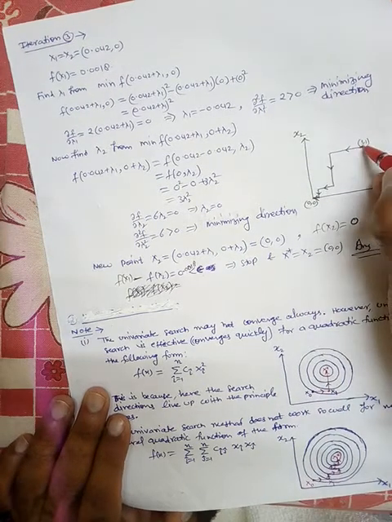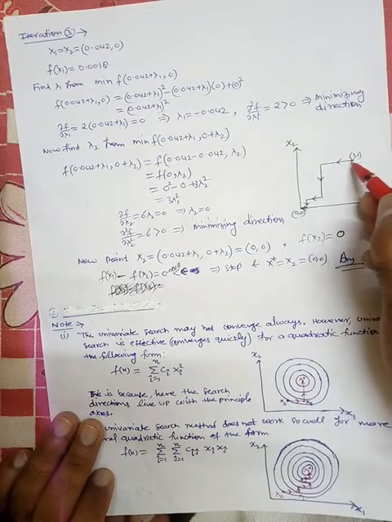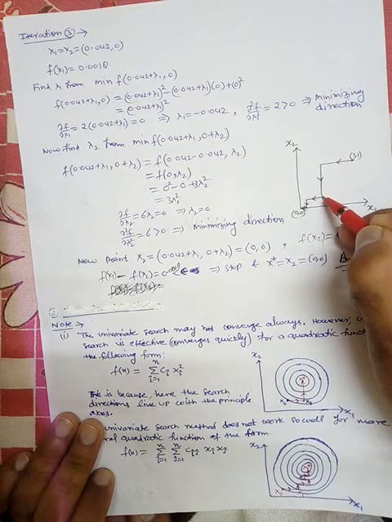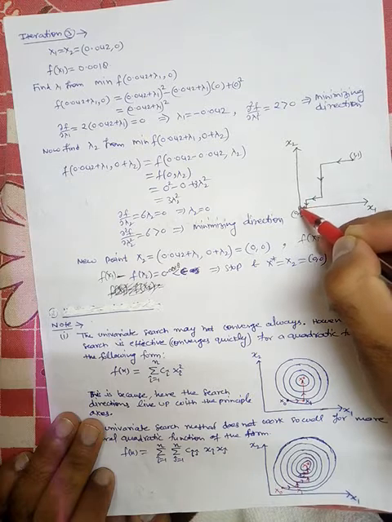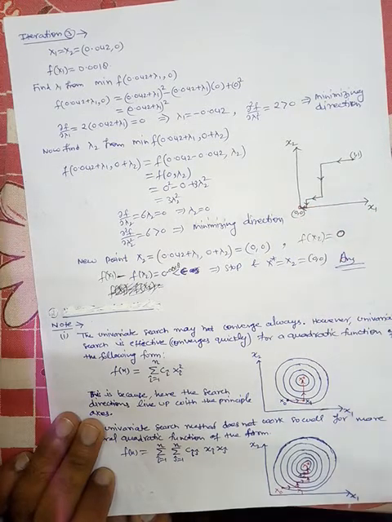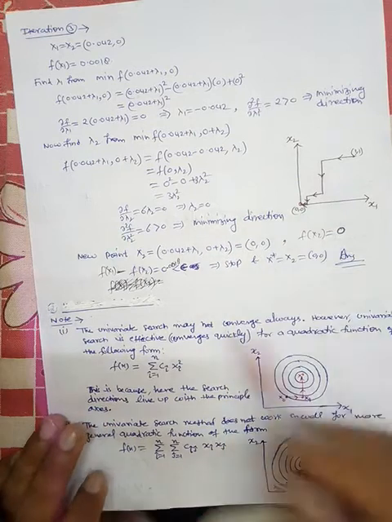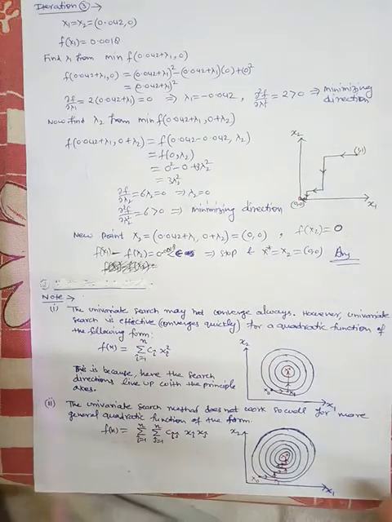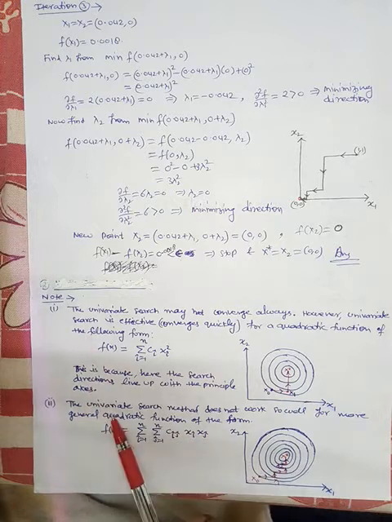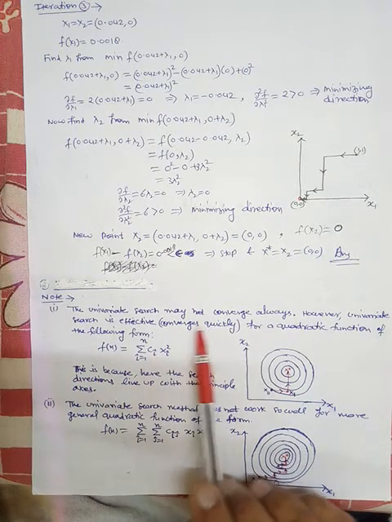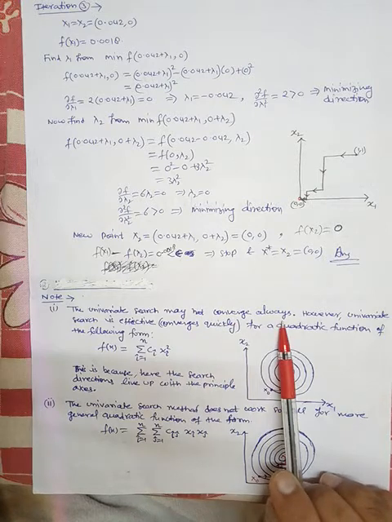So basically we started here, then we are moving in this direction, then this direction, then this direction, and finally we reach the 0, 0 point, and this is the solution. Okay, so this is the way of doing the univariate method. Now here we have two note points. Number one, the univariate search may not always converge.